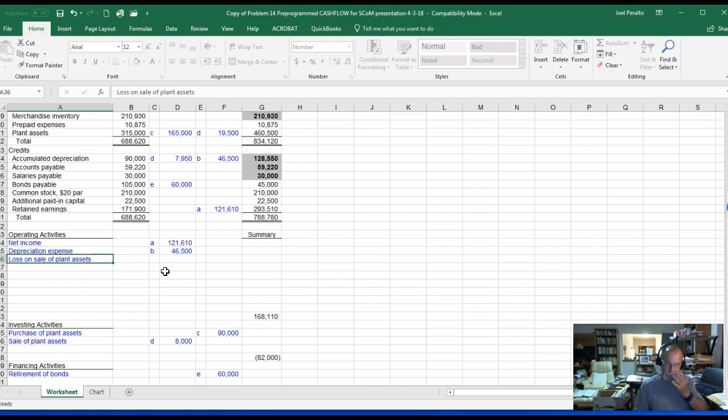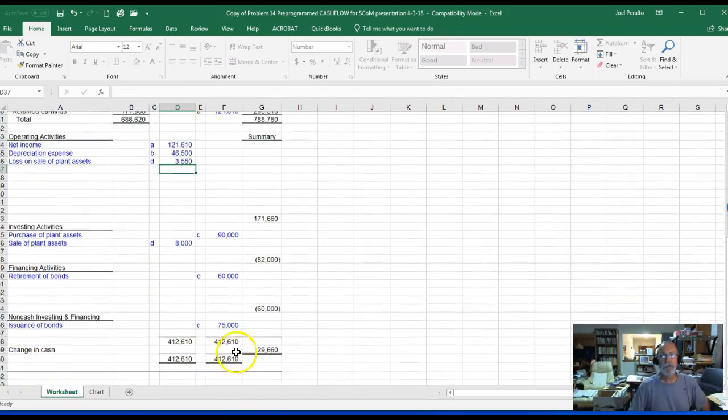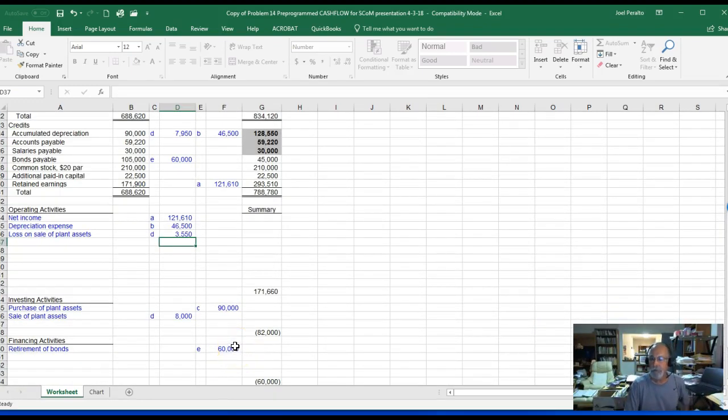That is considered a non-cash loss. That was item D. And so it's added back to net income when we present our statement of cash flows under the direct method. And with that amount in there, we should be in balance, and we are. Okay, sorry about that. Forgot the loss on sale of plant assets.